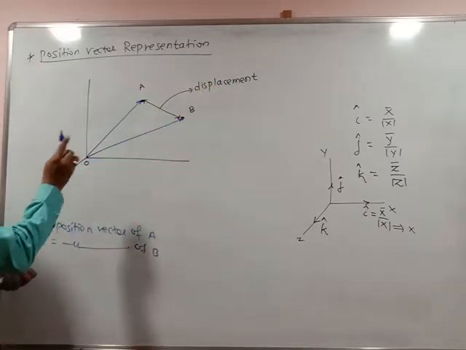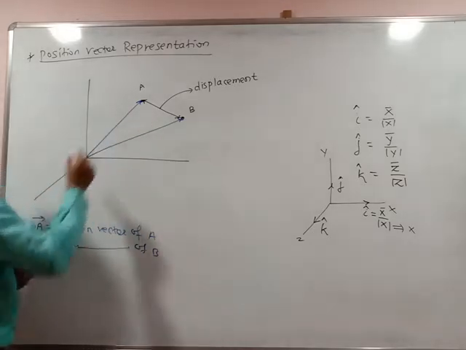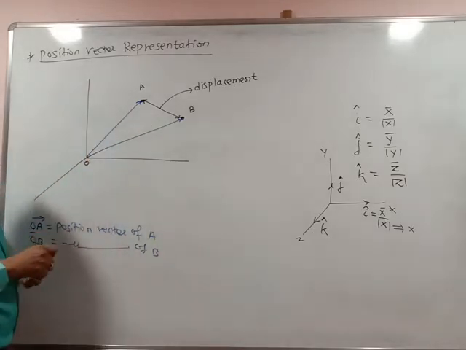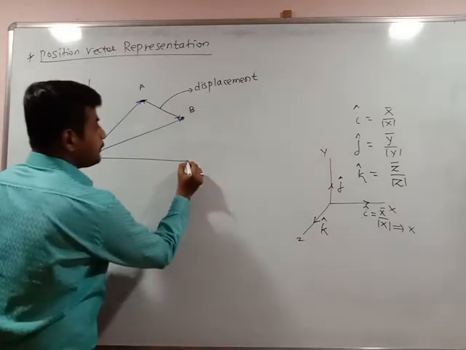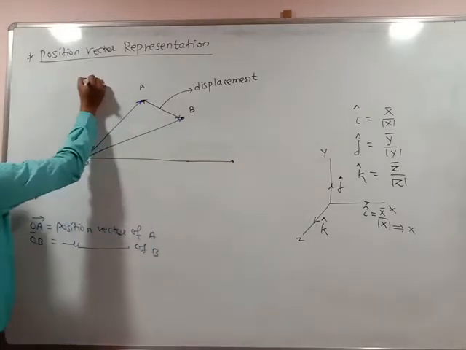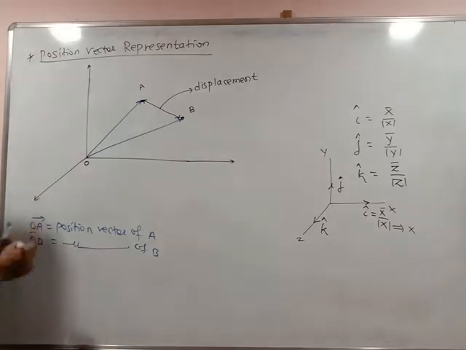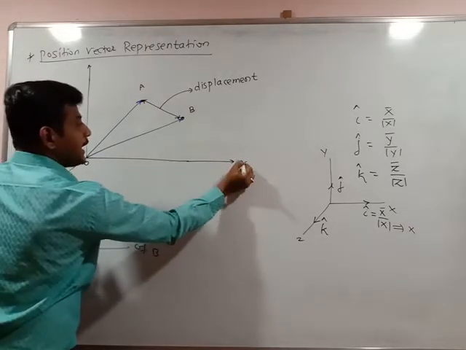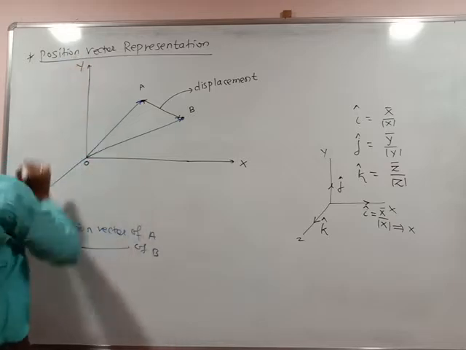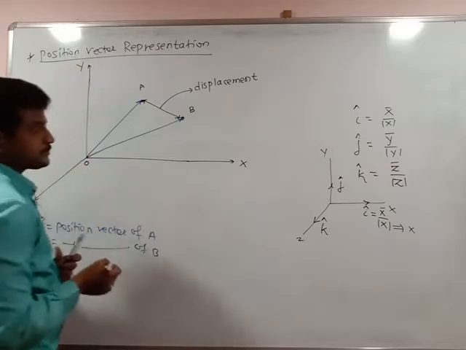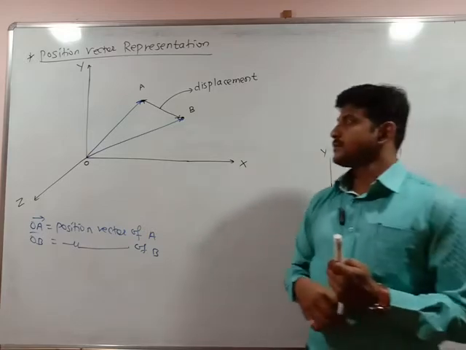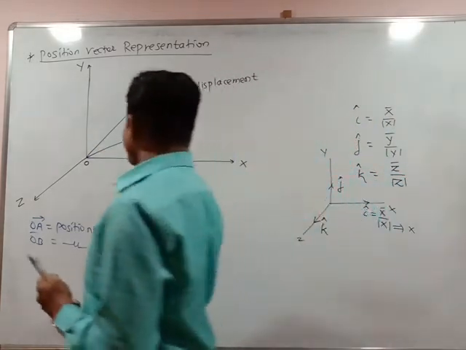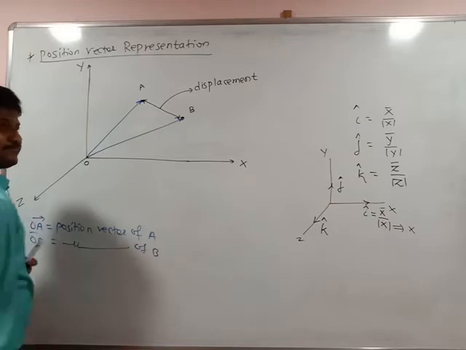So simply you can directly go O to A or O to B. What is another method to measure the displacement, or to reach point A or point B? Here is the X, here is the Y, here is the Z axis. You can directly go O to A position by flight, or O to B position by flight.